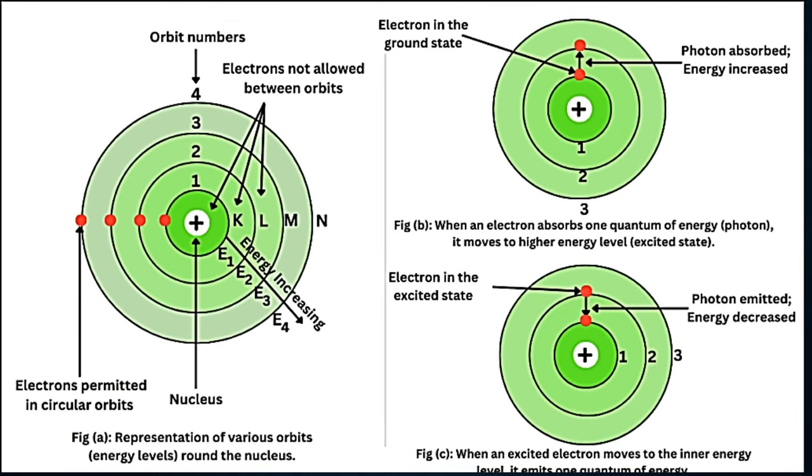From what we have learned so far back in JHS, we got to know that the shells are labeled K, L, M, N, and so on in that order. And you also know that from the nucleus upwards, the energy of the shells will be increasing. You can even use the size to make reference to that.